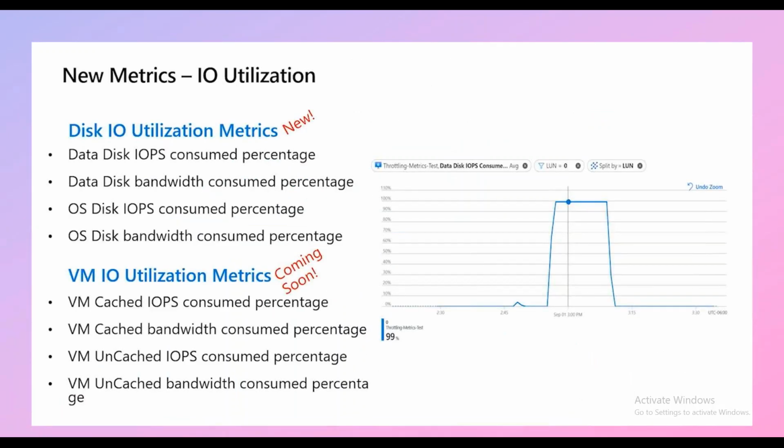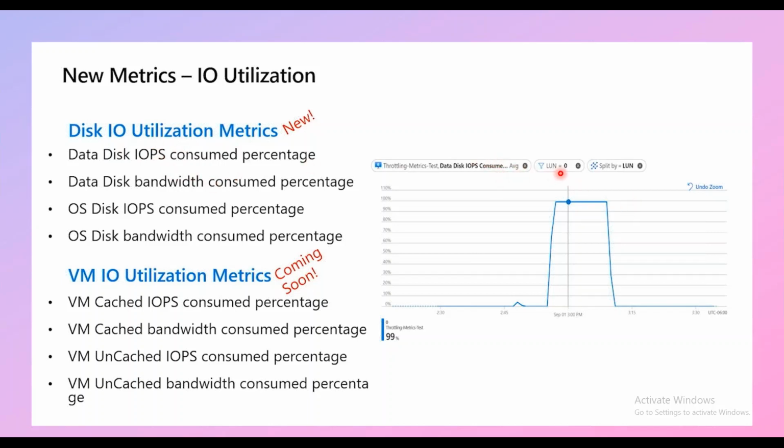So how do we identify it? There are beautiful metrics provided by Azure. The basic native Azure Monitor provides a lot of metrics which you can look at for each disk, OS disk and data disk, and you can find out the IOPS consumed percentage and bandwidth for each of your disk categories.